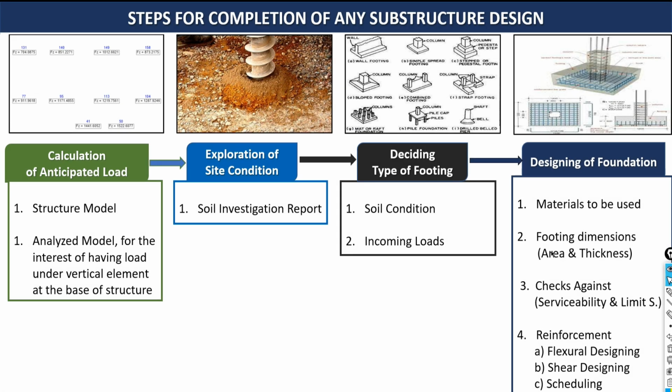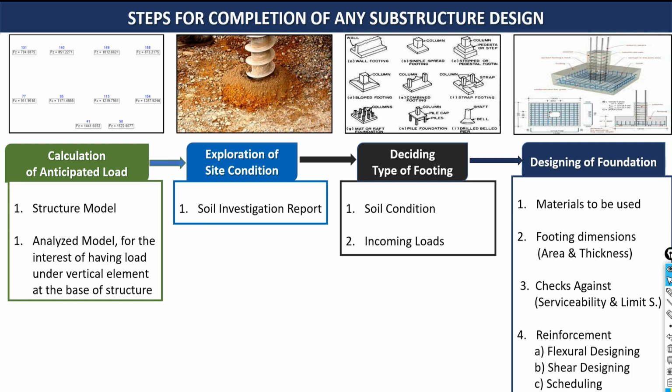Try to understand the important steps for the completion of the design of any substructure. There are basically four important steps you have to follow. In the previous session I told you that to design the substructure we need two important things.